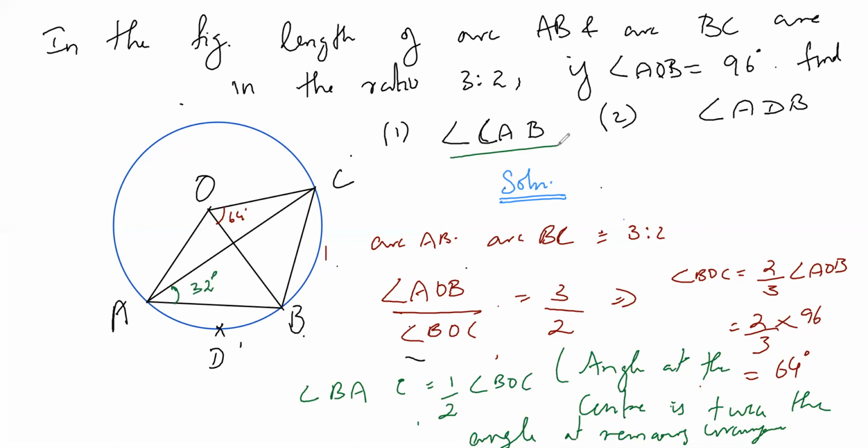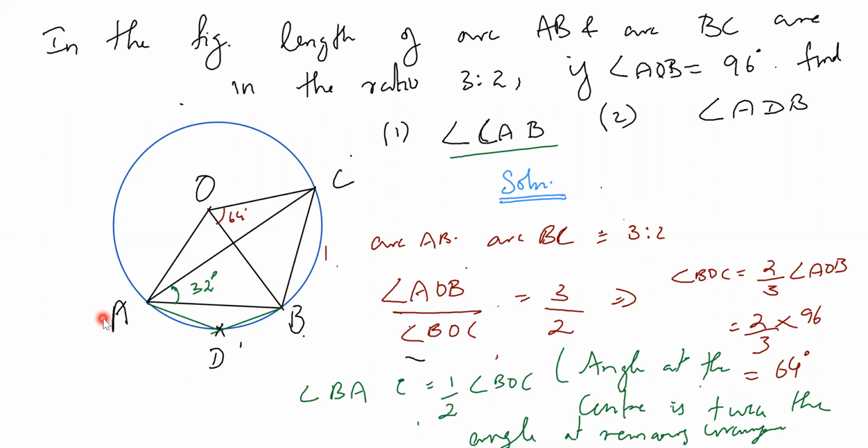Now angle ADB. See, if I'm just joining these two points, ADB I just joined here. Fine. And if I take this quadrilateral ADBC, already BCA, I know what it is.